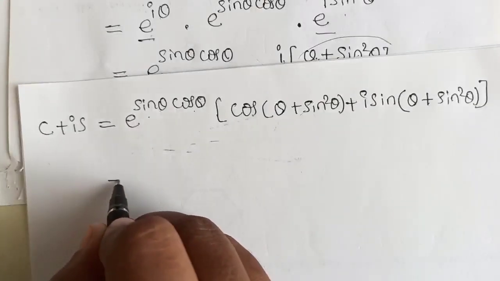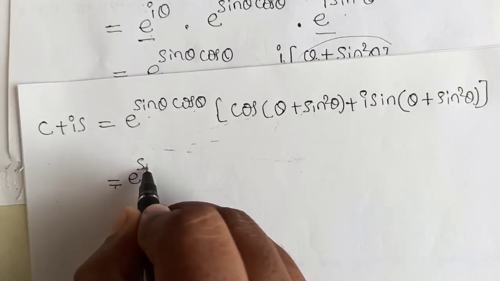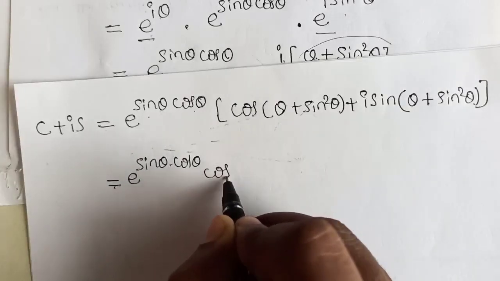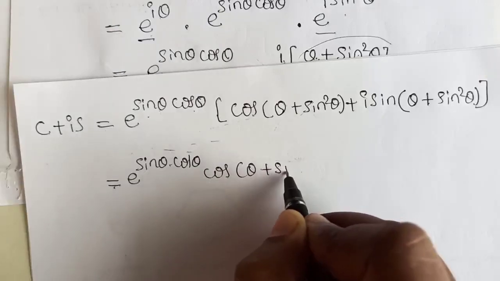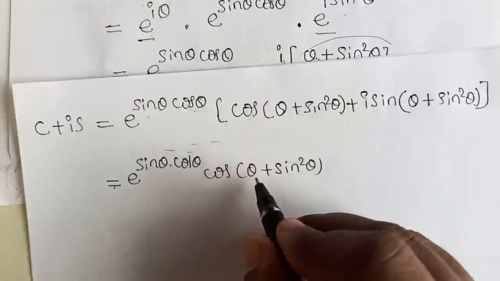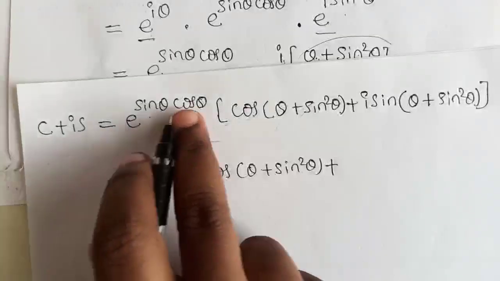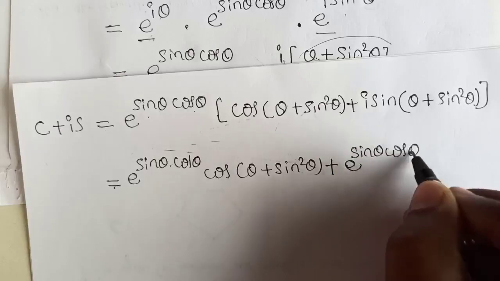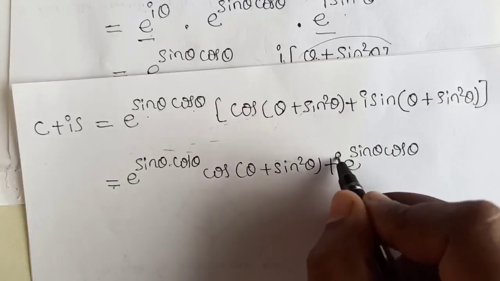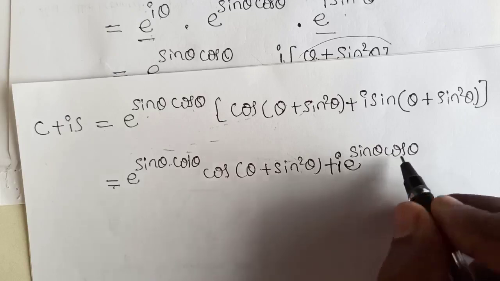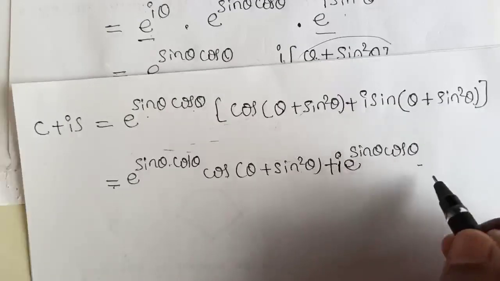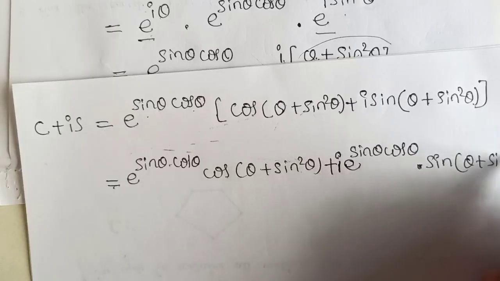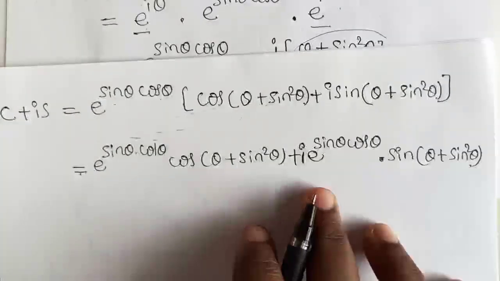Or you can write e raised to sin theta cos theta, cos of theta plus sin square theta, so this is the real part, plus I into e raised to sin theta cos theta, sin of theta plus sin square theta, so this is the imaginary part.